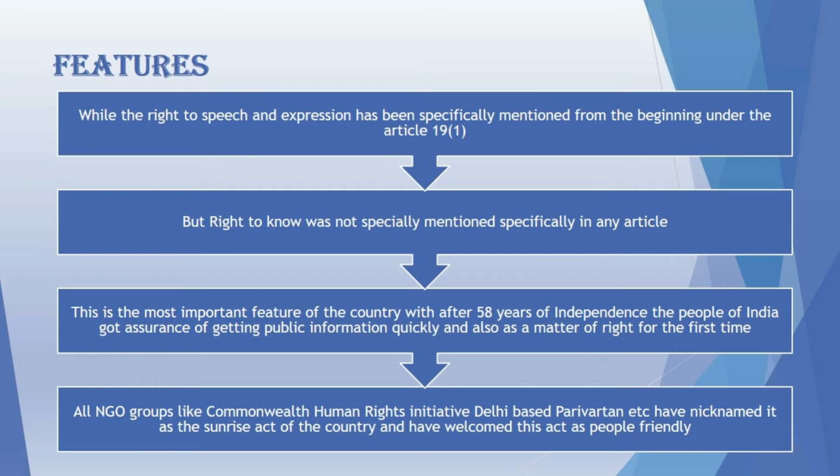After 58 years of independence, the people of India got assurance of getting public information. That's why NGO groups like the Commonwealth Human Rights Initiative, Delhi and many others have nicknamed it the Sunrise Act of the country, and welcomed this act as people friendly.